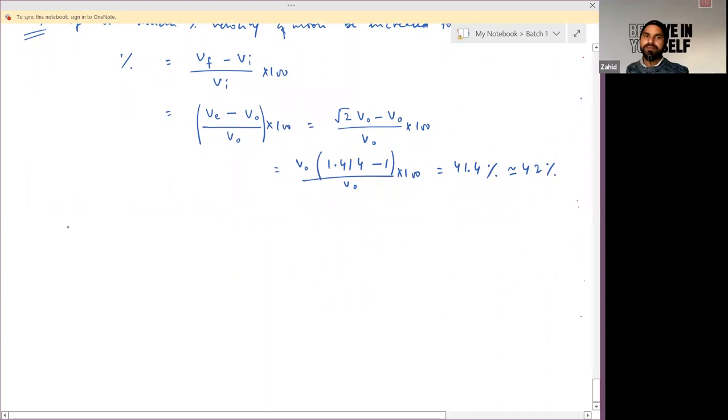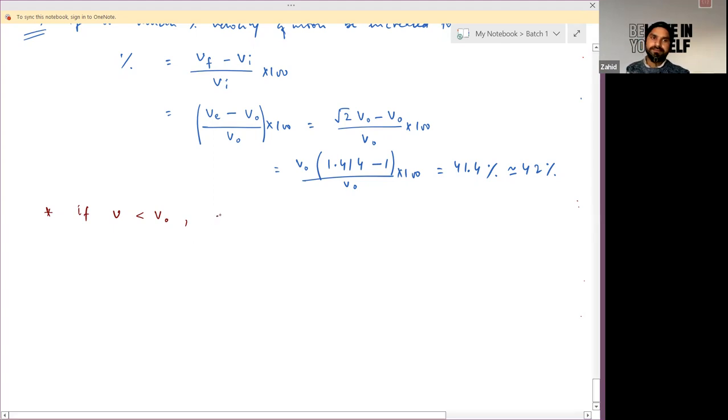Now let me define some related terms to this velocity. First, if the velocity of an object is less than orbital velocity, it may attain some height and then return to Earth.